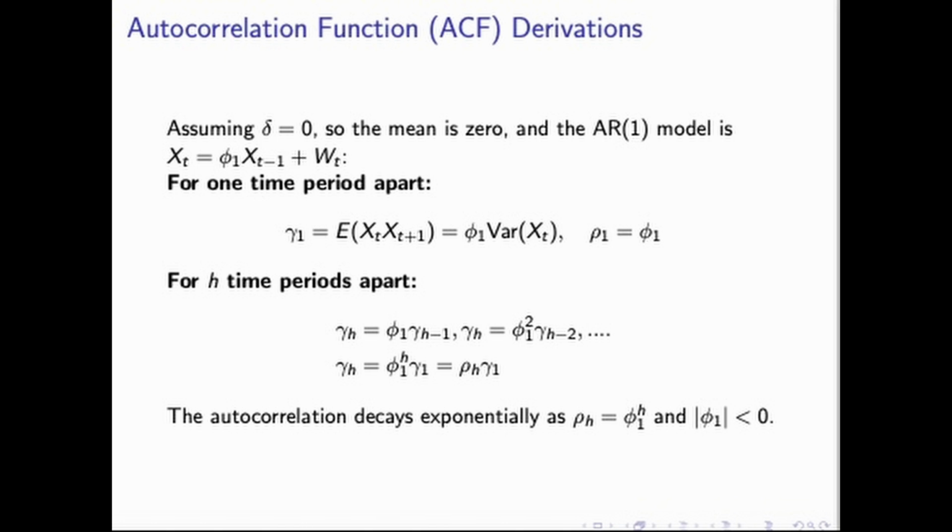So from this final expression, we know that the autocorrelation decays exponentially as h increases, and the absolute value of phi 1 is less than 1, indicating that the influence of past values diminishes over time.